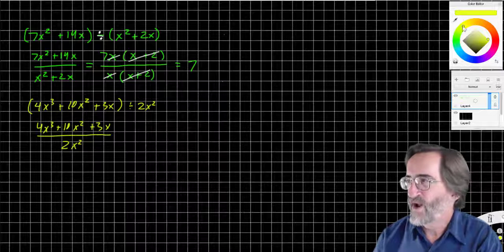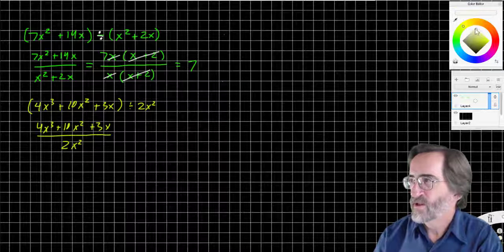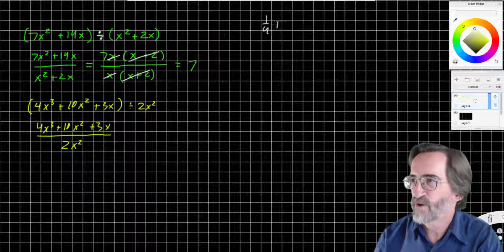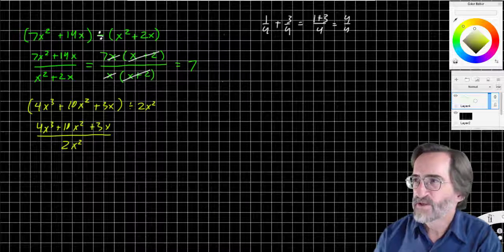Now here's one trick that may not occur to you. If I have fractions and I want to add them, like 1/4 plus 3/4, that equals 4/4. But the key is that we add the numerators and keep the same denominator. Well, the reverse is true as well.